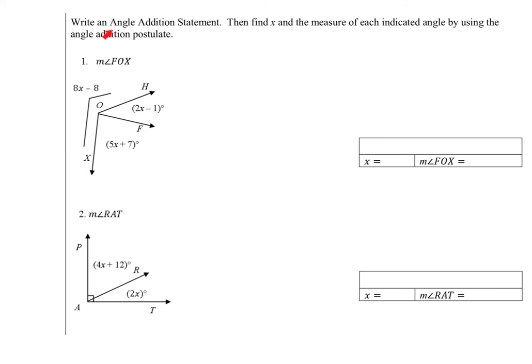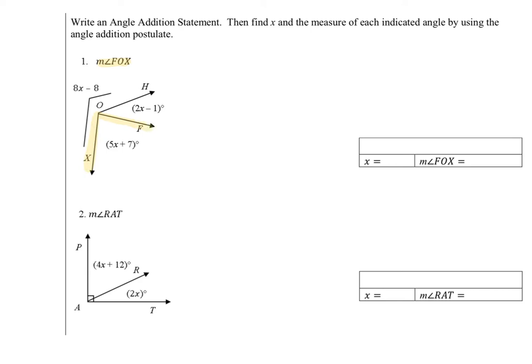For these problems, we're going to first write an angle addition statement. Then we're going to find x and the measure of each indicated angle by using the angle addition postulate. So I want to find the measurement of angle FOX. I like when there are cool names like that. So FOX is the angle that I have to find the measurement for, and that is this angle right here.